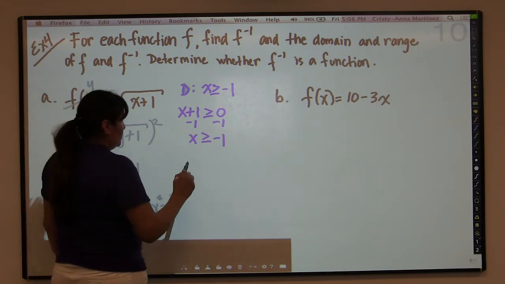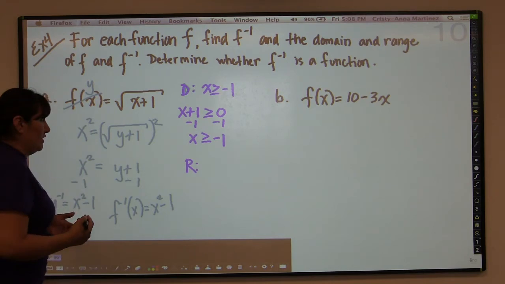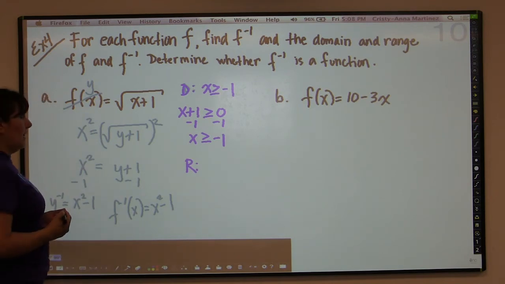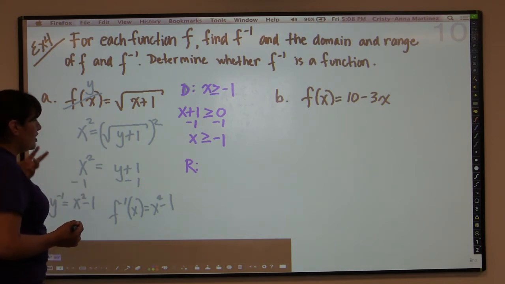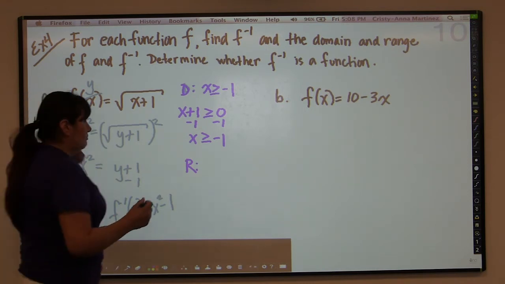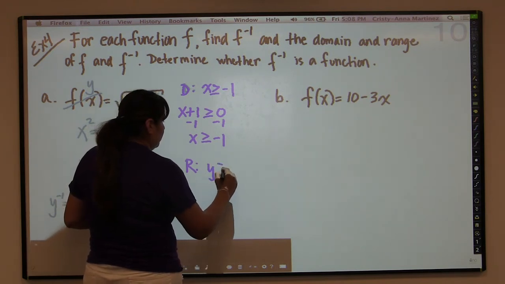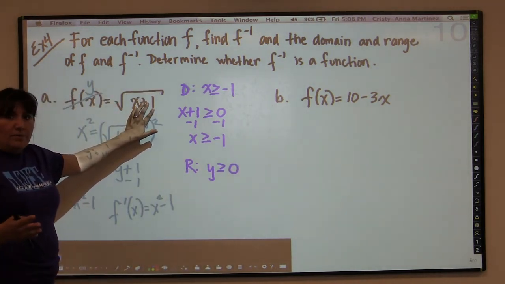Now, what is your range? What kind of numbers are going to come out of the function? Now, this might be hard for you to realize, but the only kind of numbers that are going to come out of this function are numbers that are 0 or greater. In other words, the square root of a number is always going to be positive.